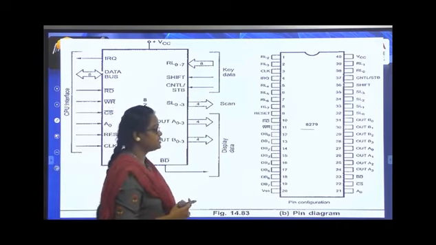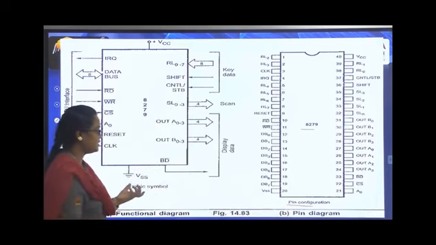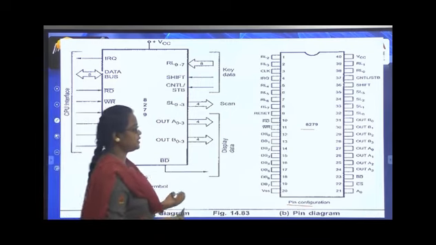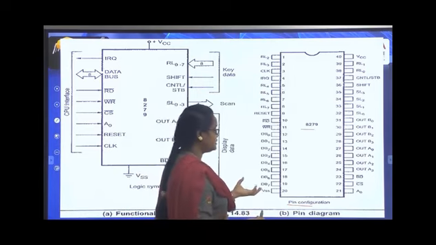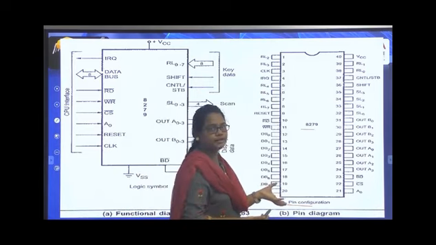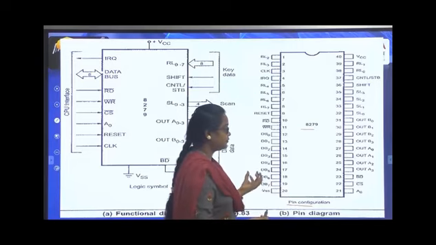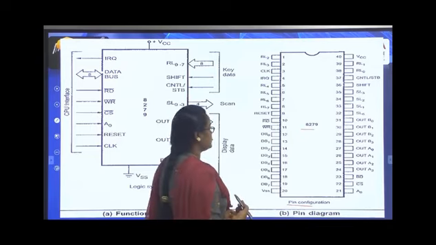The 8279 IC has this pin configuration, and this is also the pin configuration but in a more logical form. Here we have the keyboard interface and the display interface. This IC is used for keyboard and display interfacing with the 8086 microprocessor.